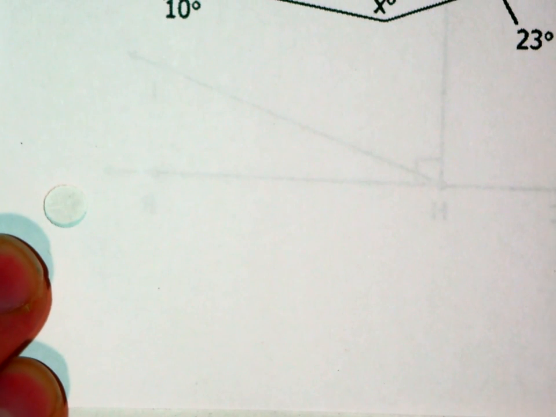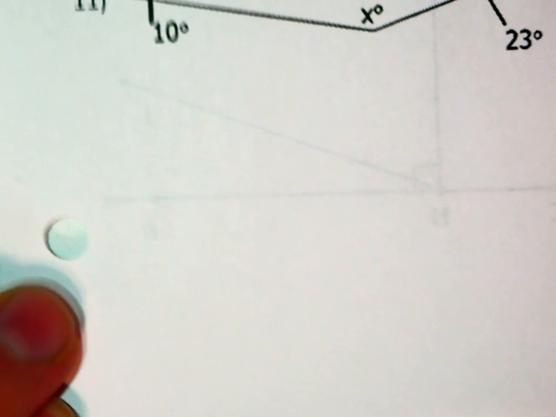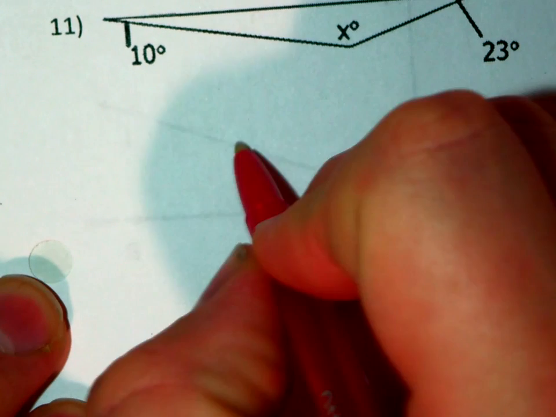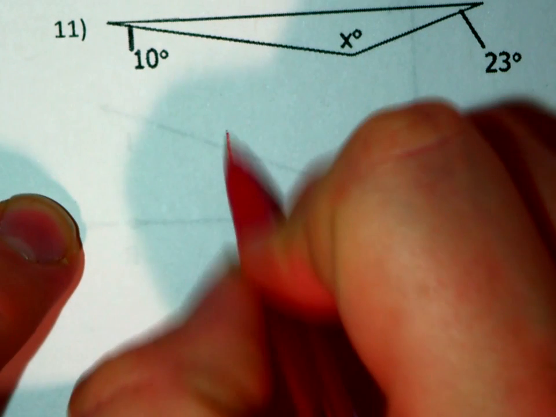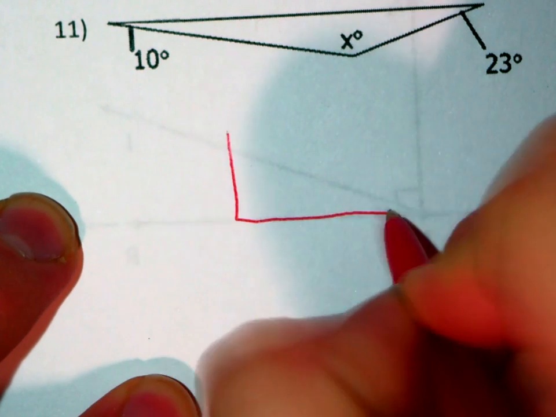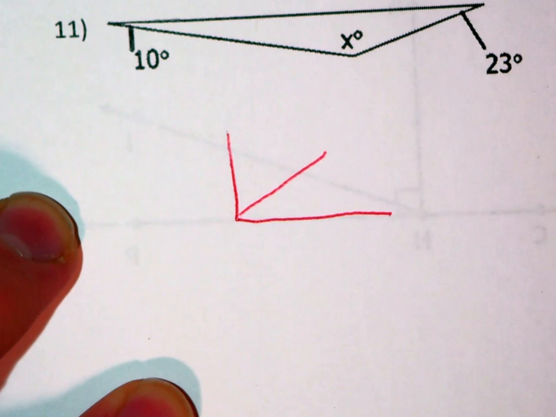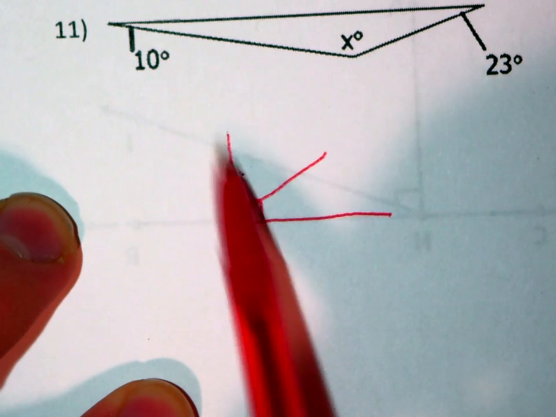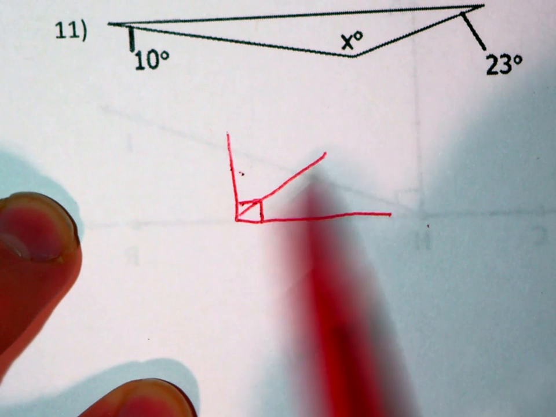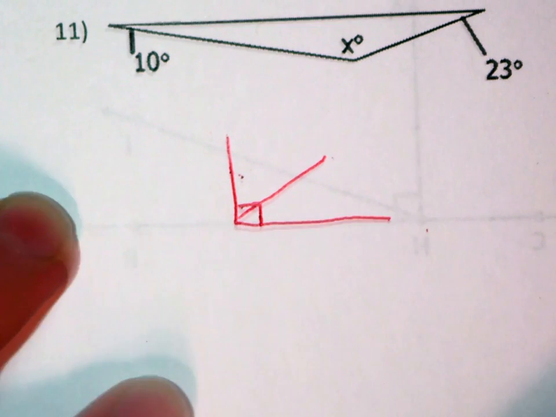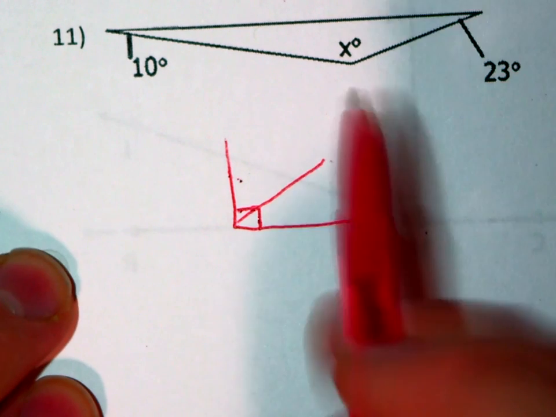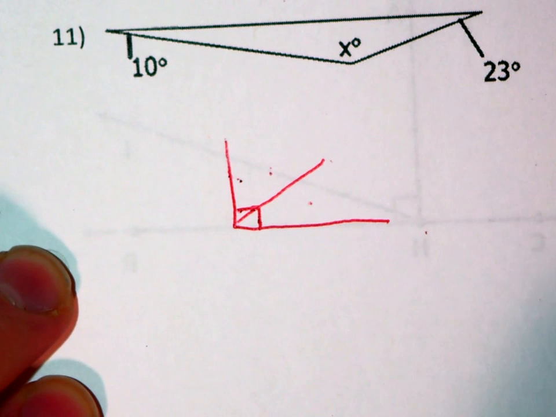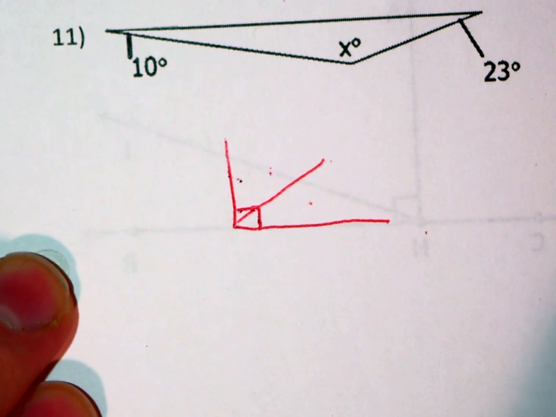By way of review, complementary angles are two angles that add up together to be 90 degrees. So if I have a 90-degree larger angle that's divided by this segment here, both of these angles together, their measures would add up to 90 degrees.